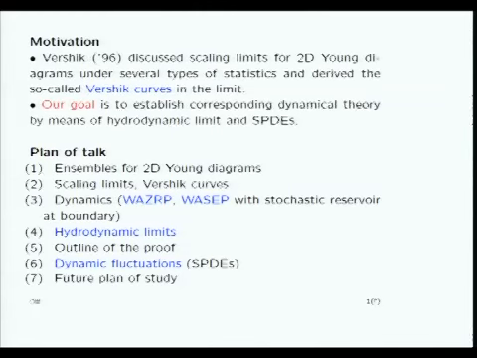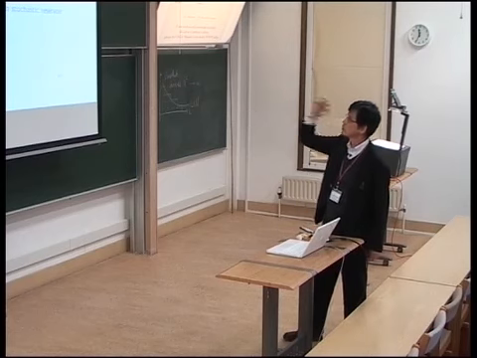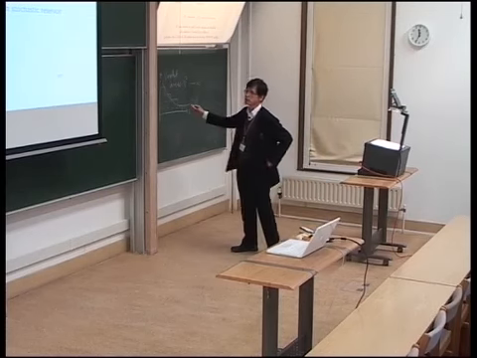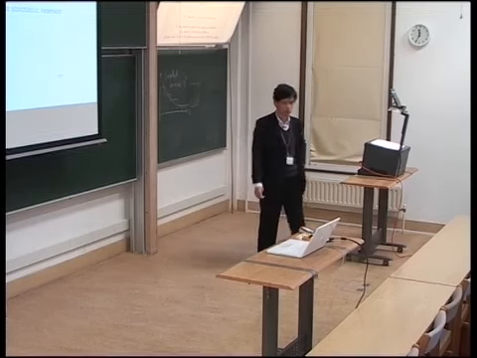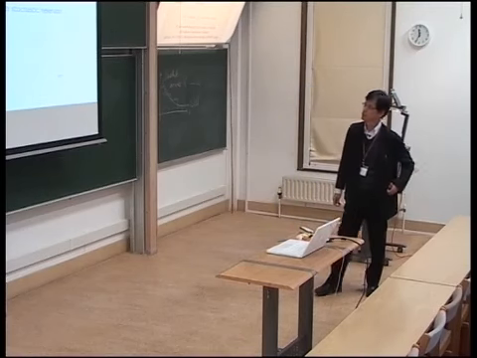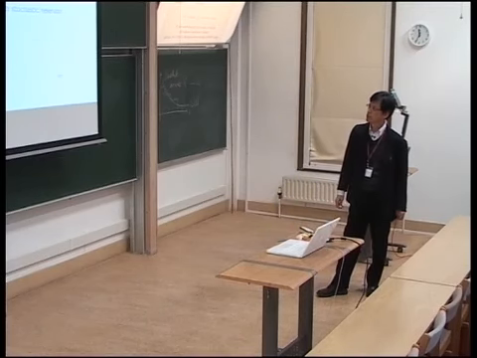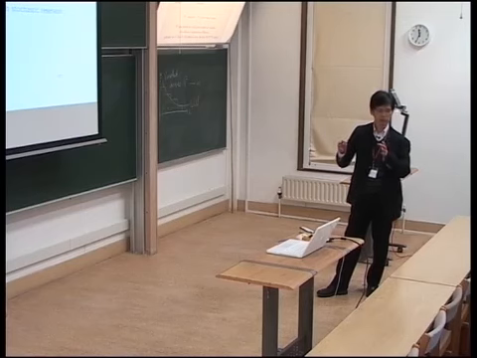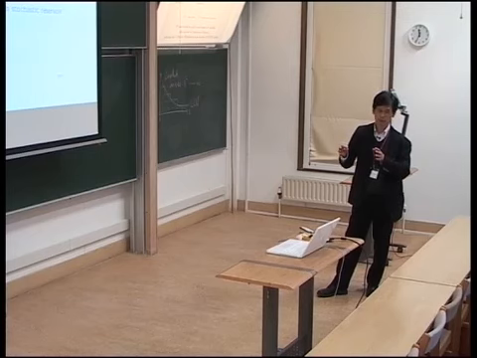So this is considered as a static case. Young diagrams appear in several subjects of mathematics, for instance representation theory and combinatorics, and in this case Bershik considered the connection with statistical mechanics, I think.